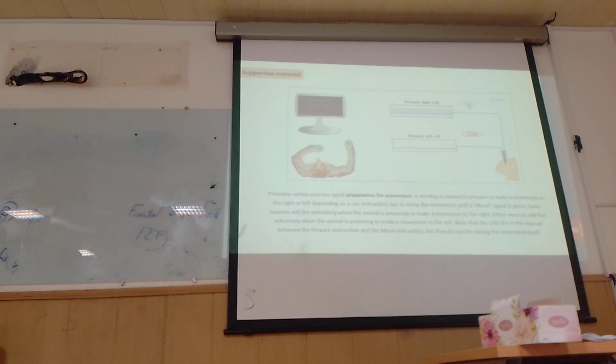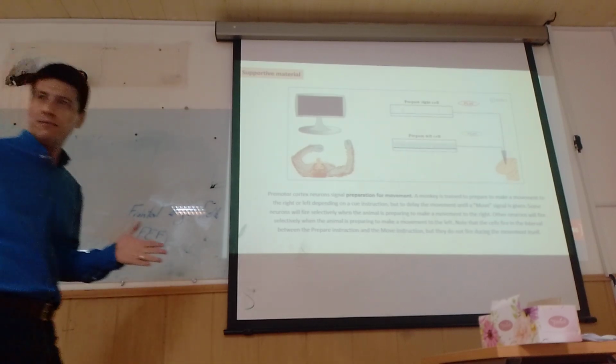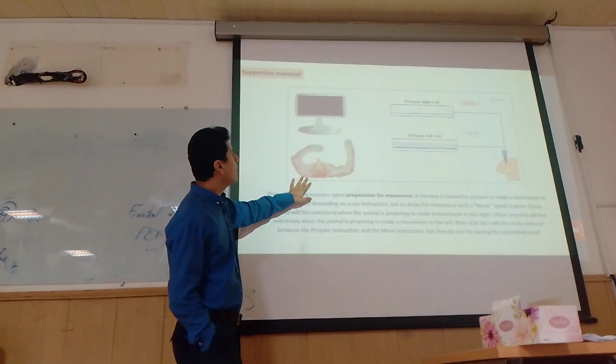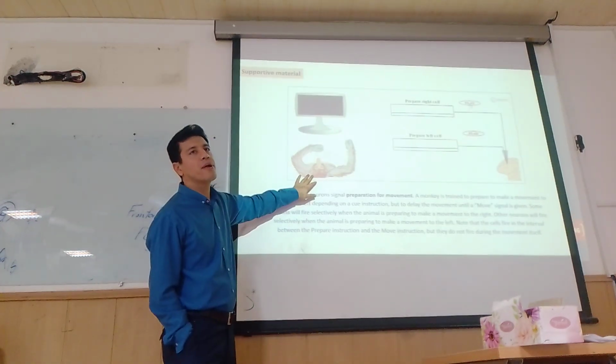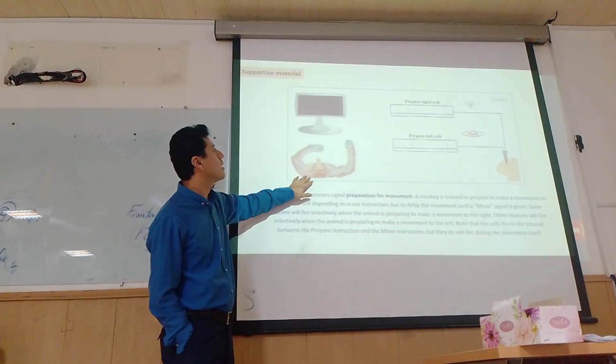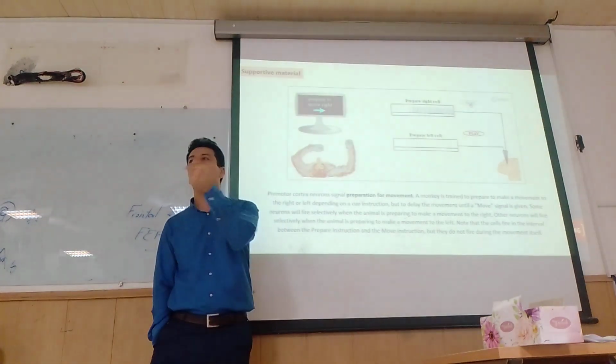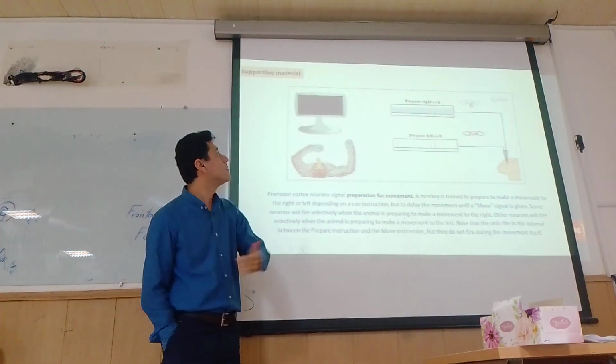This one. I told you that the premotor cortex is important for guiding movements in response to sensory stimulation, like the red light and the green light, remember? Here, the monkey is presented with a stimulation, like the direction that it should move.